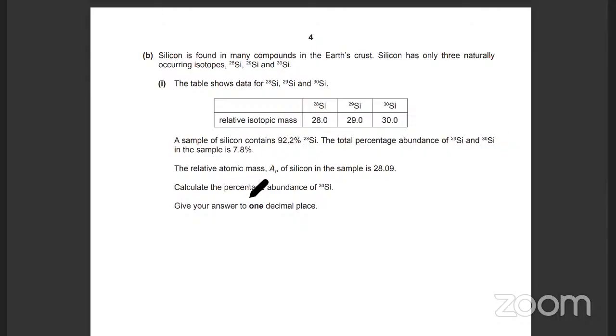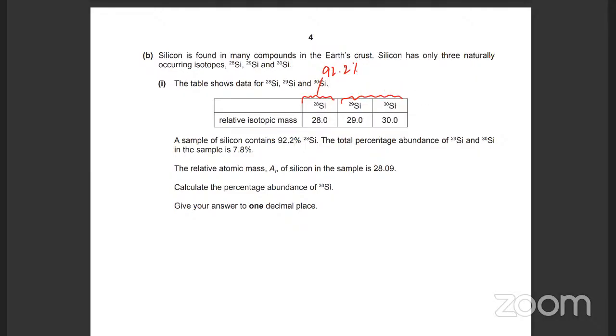So if I take this as X%, this would be 7.8 minus X%. They want you to figure out the percentage abundance of silicon 30, but let me take that as X.